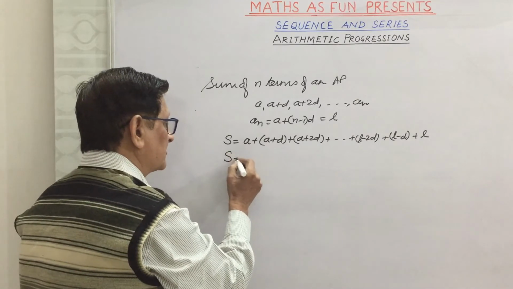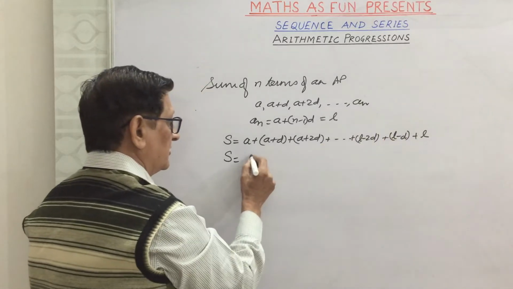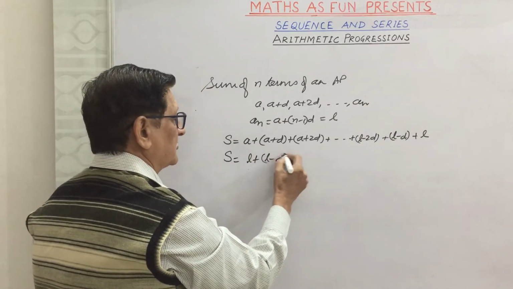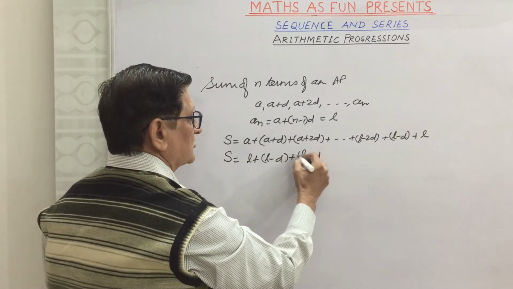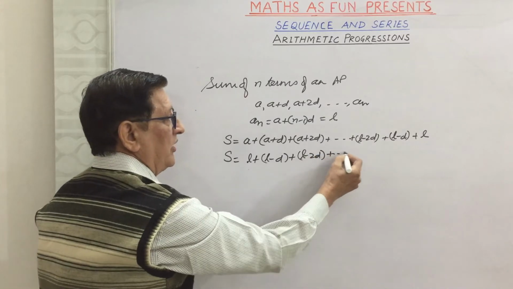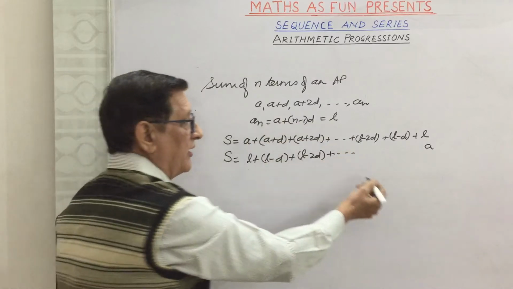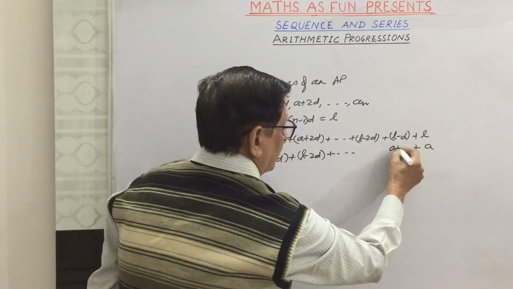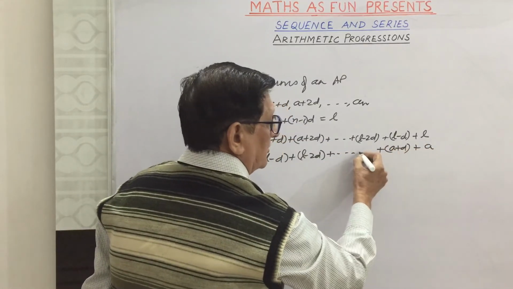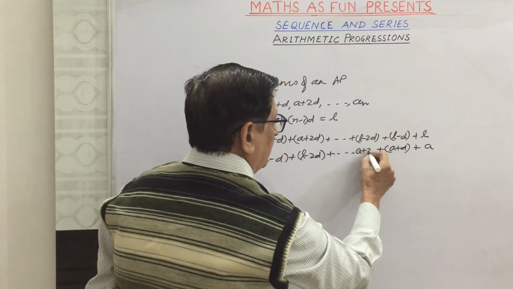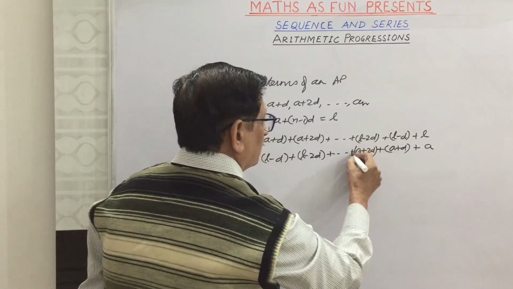So we write S is equal to L plus L minus D plus L minus 2D plus so on, and the last term here will be the first term, that is A, the second last will be A plus D, and the third last term will be A plus 2D.